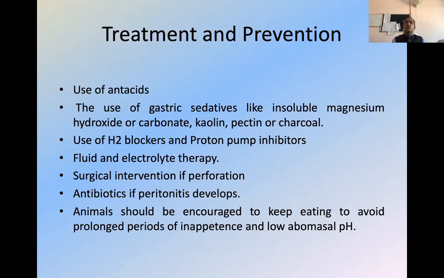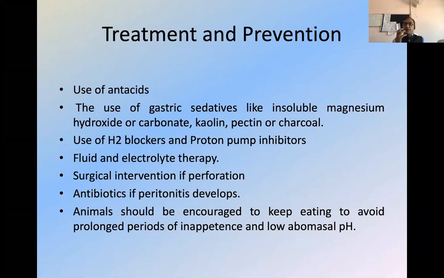So H2 blockers and proton pump inhibitors are used, and at the same time, because the animals are anorectic for a very long time, we go for fluid and electrolyte therapy. I think most of you have gone through fluid and electrolyte therapy in ruminants. You are reading systemic states in which dehydration, hypokalemia, hyperkalemia, hyponatremia, all might have been taught by Dr. Vipin sir.